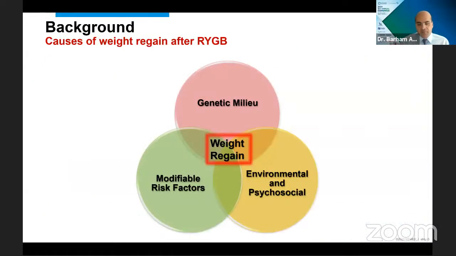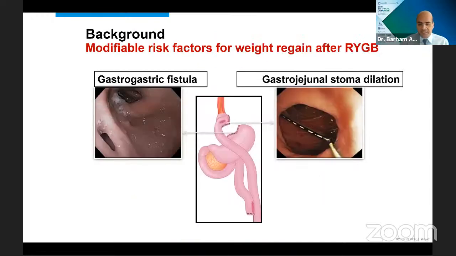Undoubtedly, there are multiple reasons that this weight regain happens. There's, of course, the genetic background of the patient. There are environmental and psychosocial factors. But what we're trying to focus on is what modifiable risk factors we could impact in a peroral, minimally invasive approach to help the patients, in conjunction with other modalities, to get back on track with the weight regain. So far, from the modifiable risk factors, we know 2 which we could help with endoscopically.